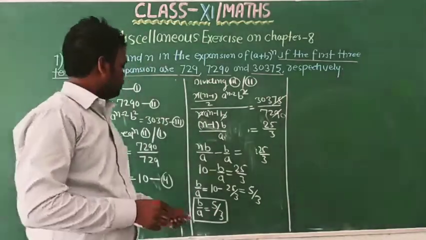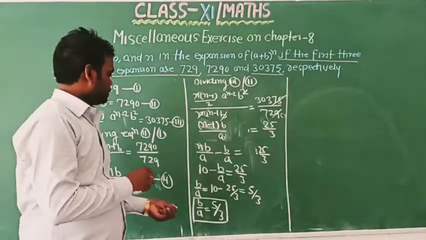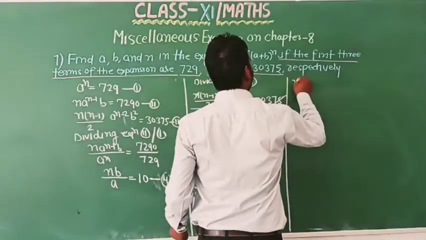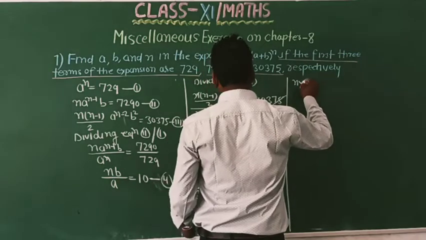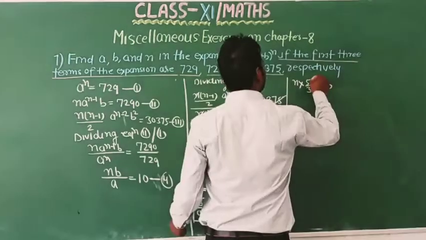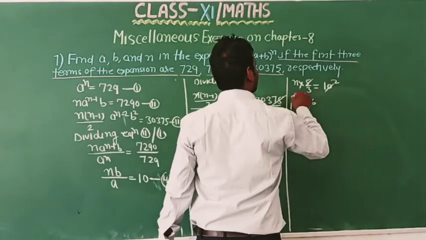Now substituting this value of b upon a in equation 4, we get n into 5 by 3 equal to 10, so n equal to 6.